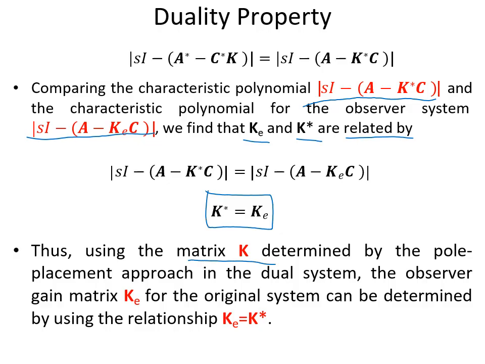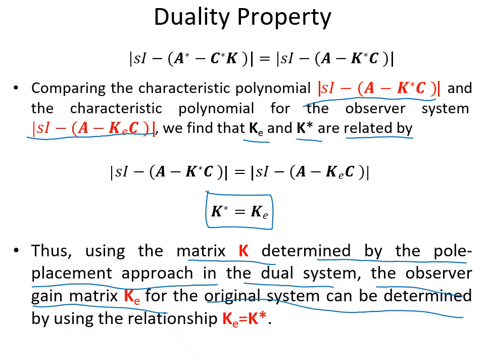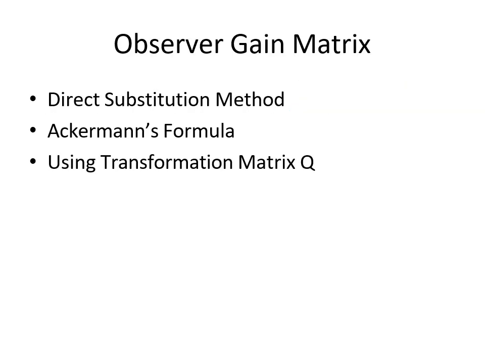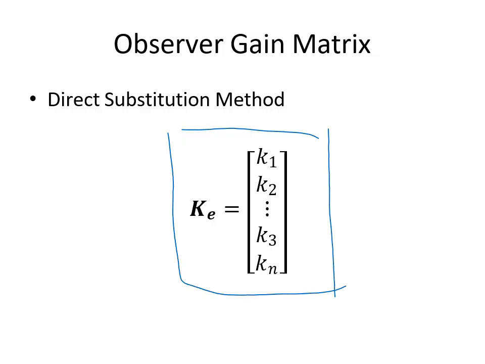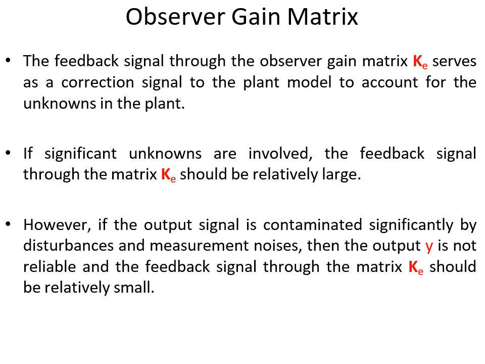By using the K matrix determined by the pole placement approach in the dual system, the observer gain matrix Ke for the original system can be determined by Ke equals K star. We can design the observer gain matrix using the direct substitution method, Ackermann's method, or the transformation matrix Q. In the direct substitution method, we assume that Ke equals K1, K2 until Kn, where n is the order of the system.